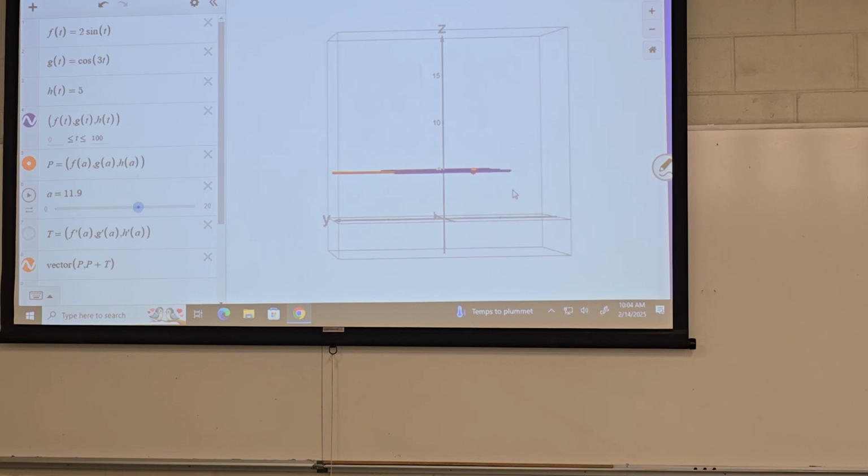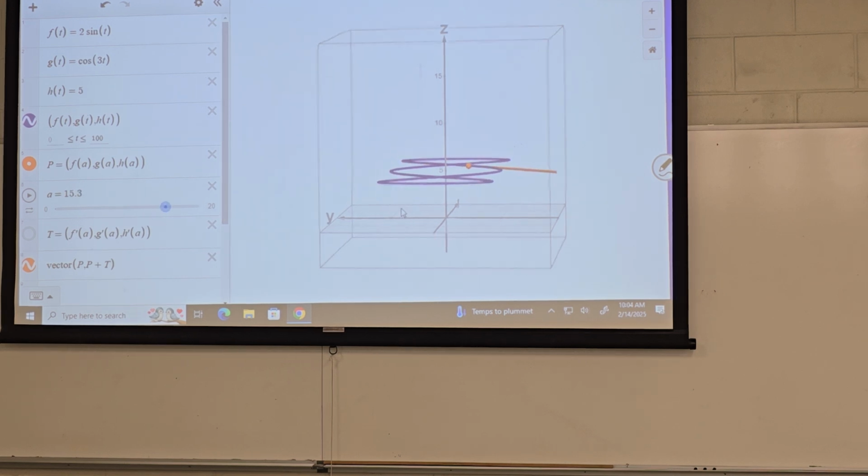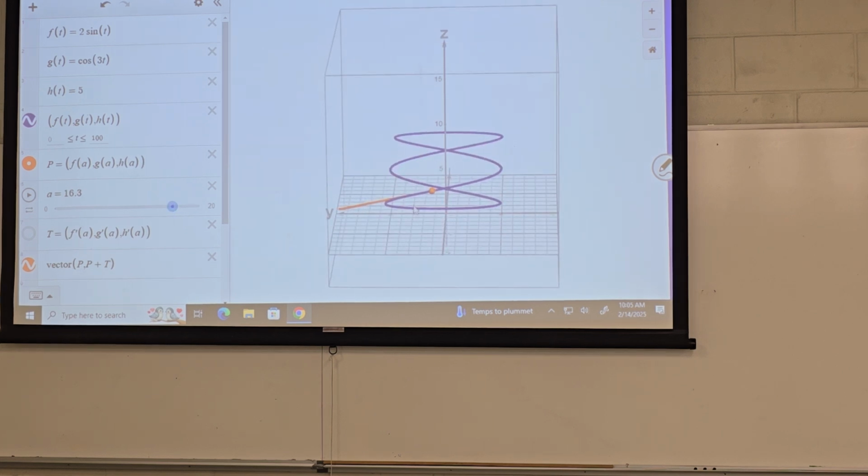So we get something that just lives in the plane z equals 5. So now moving around with this tangent vector, the tangent vector is always parallel to the xy plane. Because the z coordinate is never increasing or decreasing, its derivative is 0.